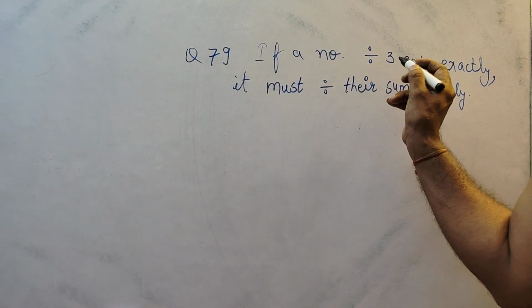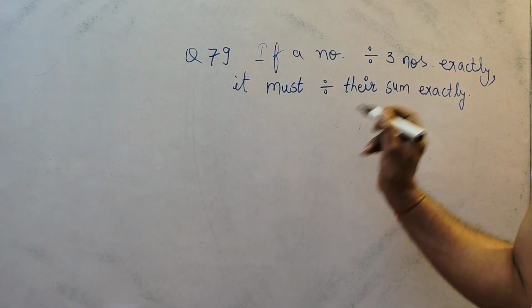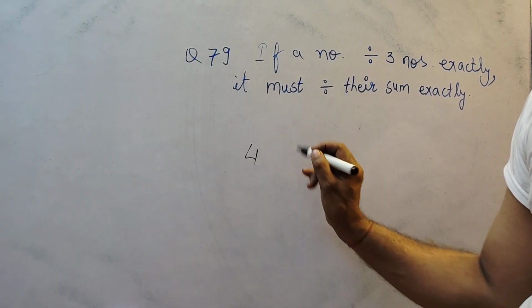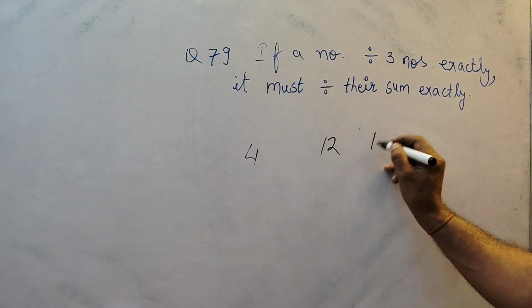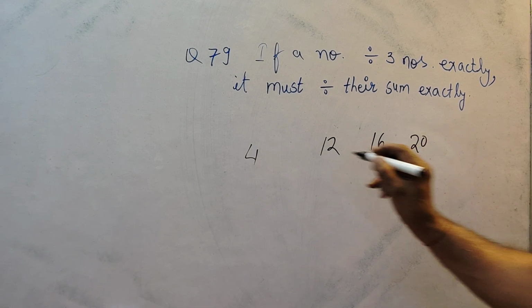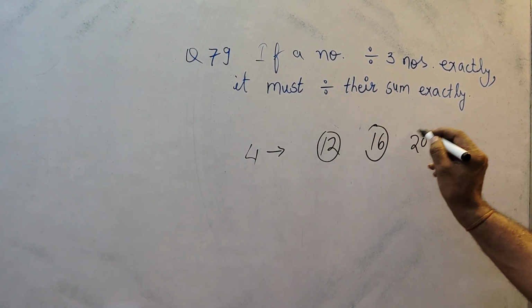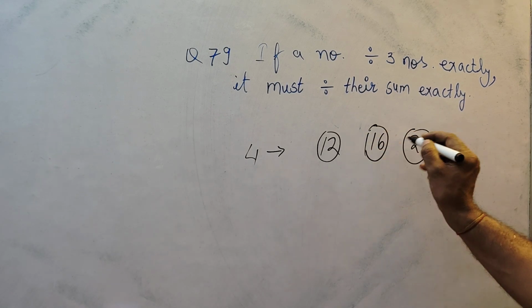Suppose a number divides three numbers exactly. Suppose we take 4. It can divide 12, 16 and 20. So we take three numbers that are divisible by 4: 12, 16 and 20.